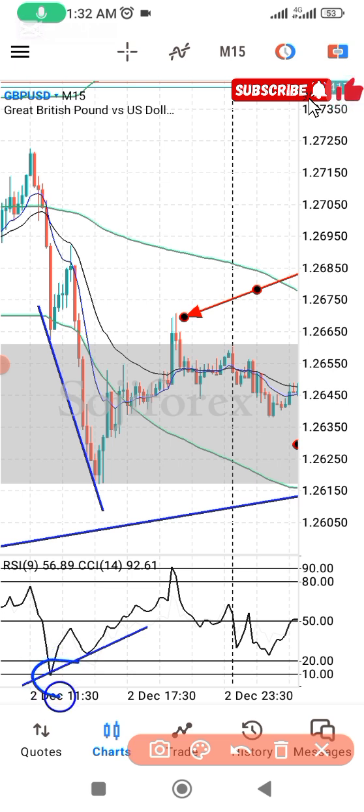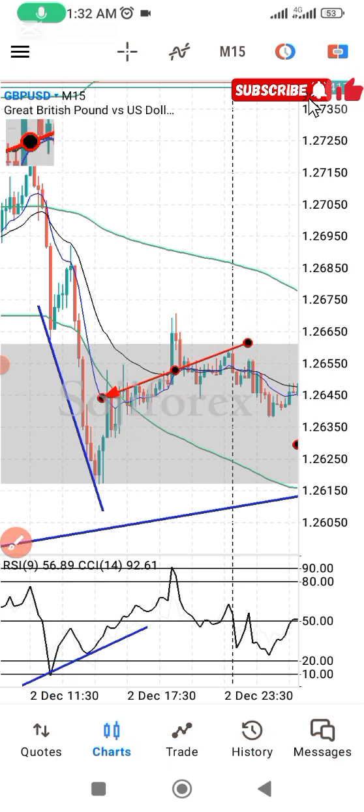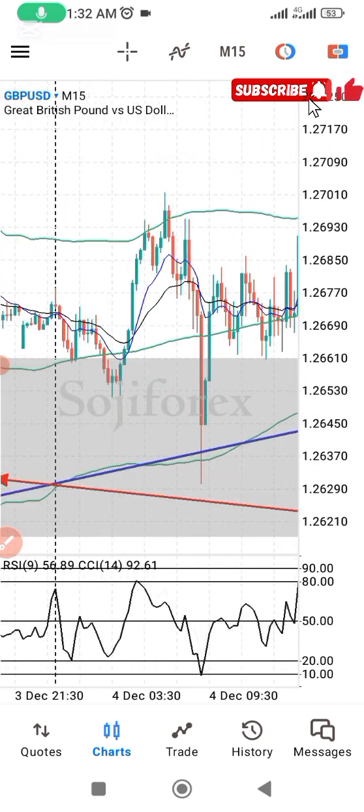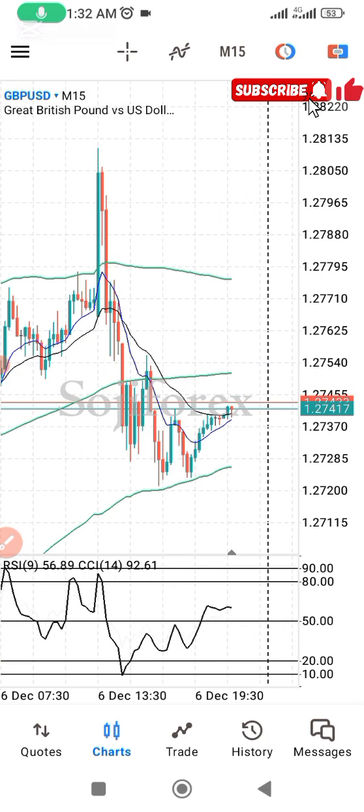Price at our 10 and 20 of the commodity channel index, price at the lower Bollinger Band on 15 minutes, and price is at our zone, the point of interest, which is the fair value gap. So this advantage is what we use to validate our trend entry, and as such this trade is a high probability trade.